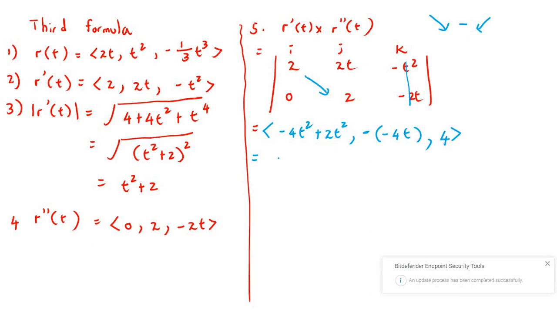So we get negative 4t squared plus 2t squared, which is negative 2t squared.